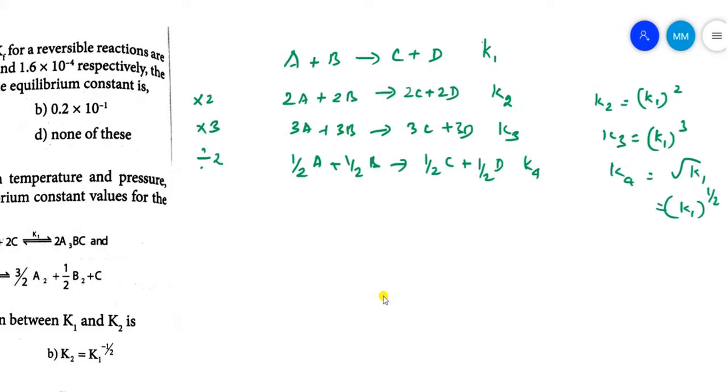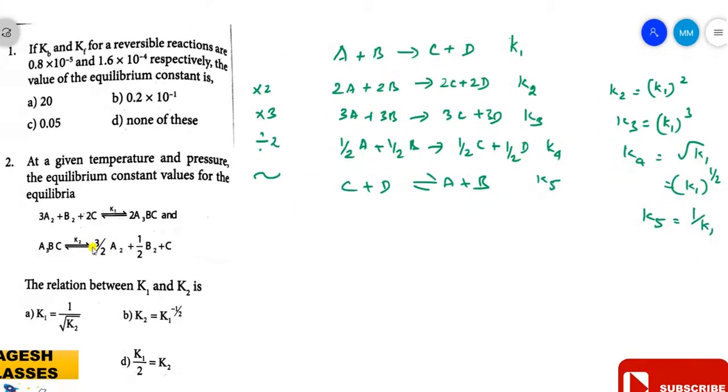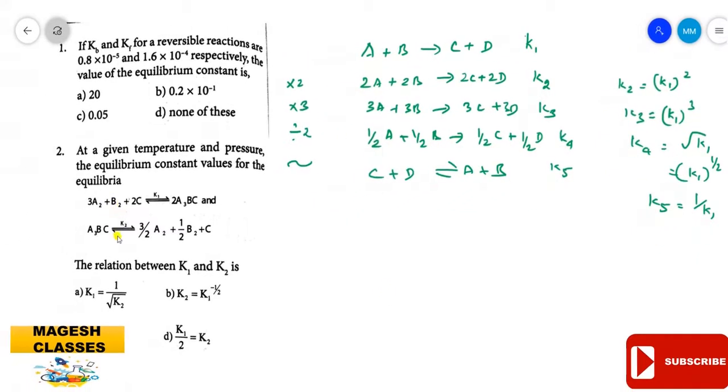When the equation is reversed, that is the product is on the side of the reactant and the reactant is on the side of the product, the equilibrium constant is K5. K5 is 1 by K1. The equilibrium constant is inverted.